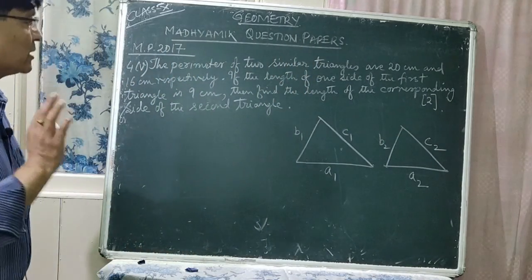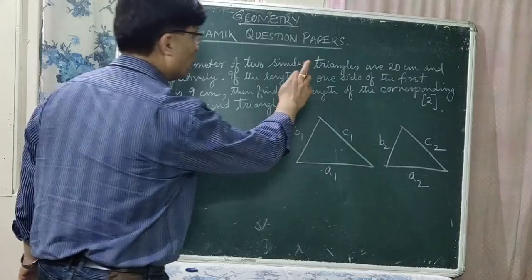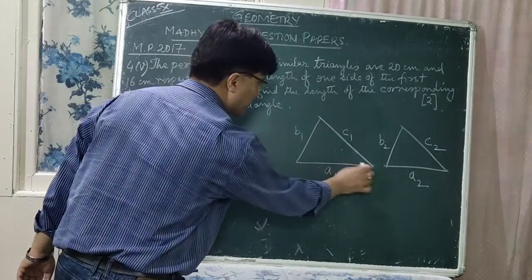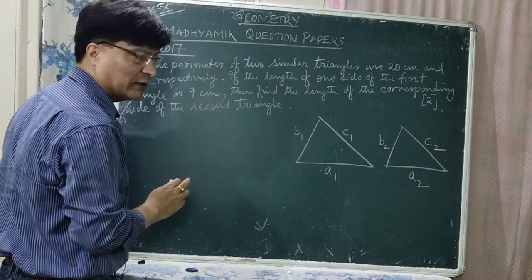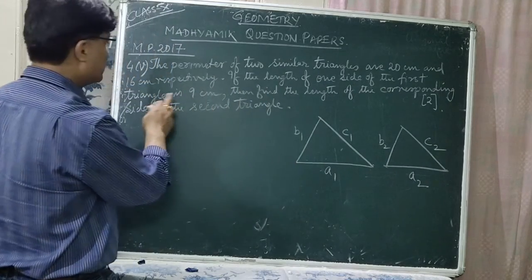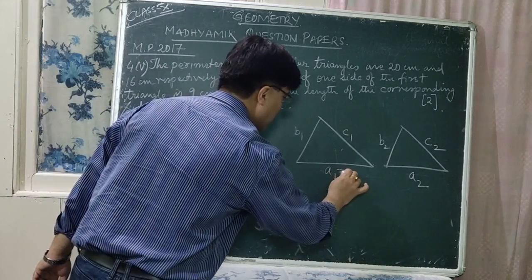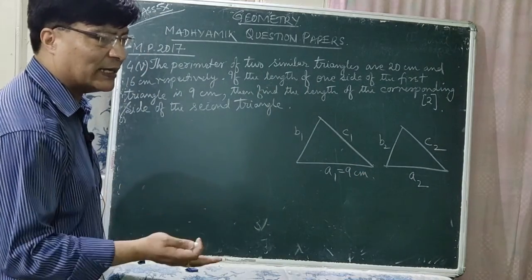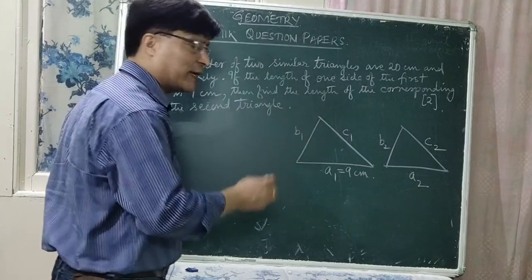Now the length of one side of the first triangle is given as 9 centimeter. So this is the first triangle, and its one side is given. What is this side? It is 9 centimeter. Let us take this A1 as 9 centimeter. Now we have to find the length of the corresponding side of the second triangle.